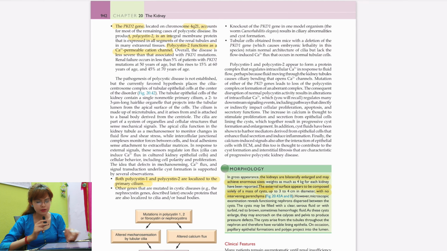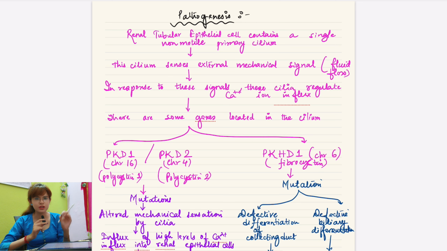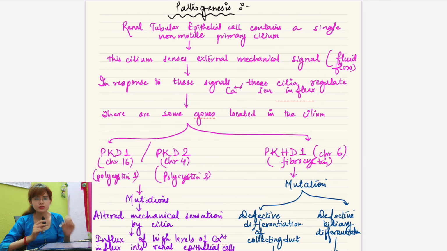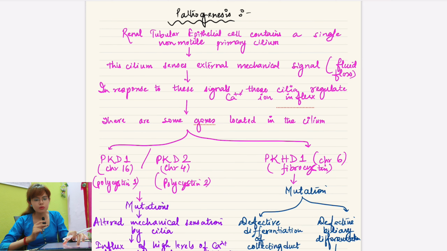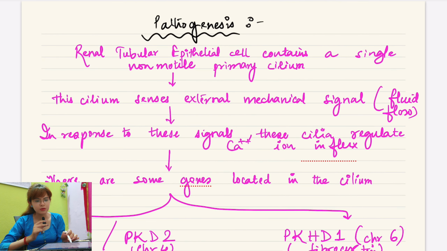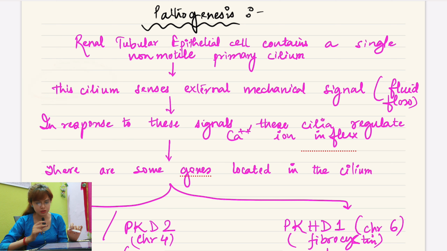Now, first, I would like to take you through the pathogenesis so that you understand the points later on clearly. Let's talk about the ADPKD first. Basically, we have this renal tubular epithelial cell which contains a single non-motile primary cilium. Each of these has a primary cilium, and this cilium has a function.